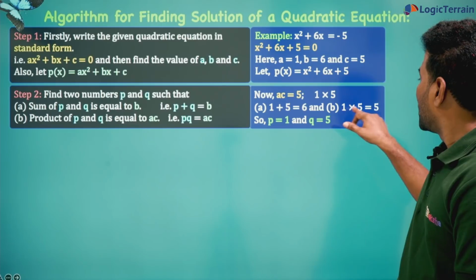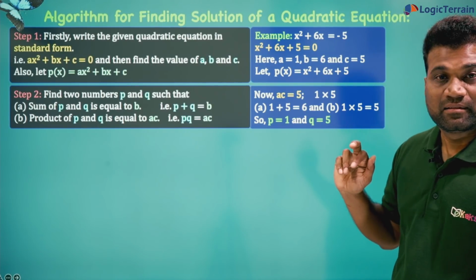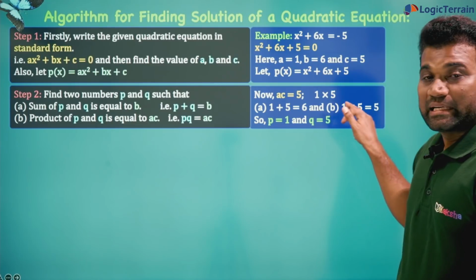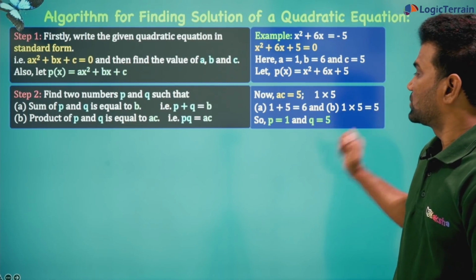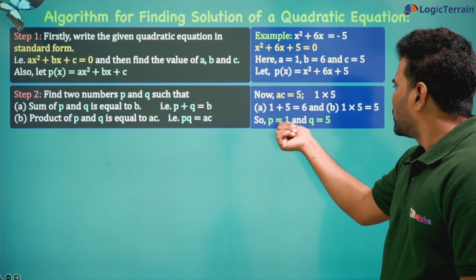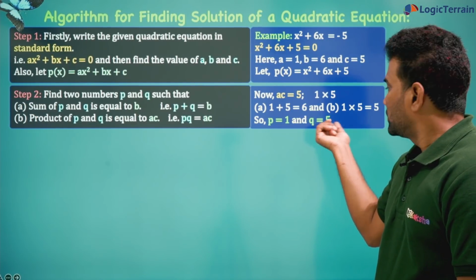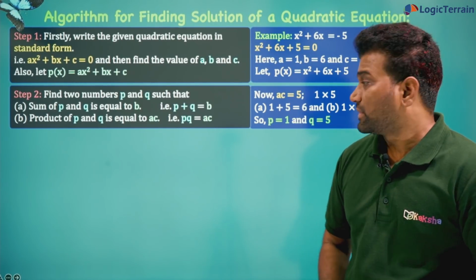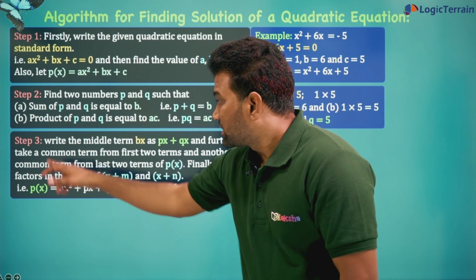Second condition, 1 times 5 is 5. So here what is ac? ac is 5. So the second condition is also satisfied. So p is 1 and q is 5. Not only p is 1 and q is 5, you can also switch: p is 5 and q is 1. Doesn't matter.